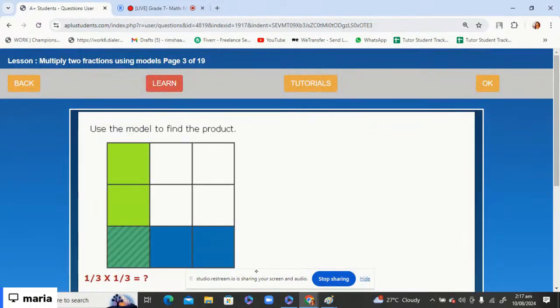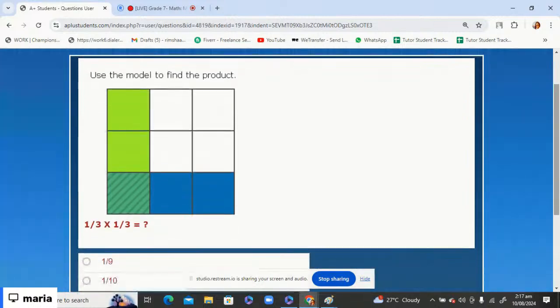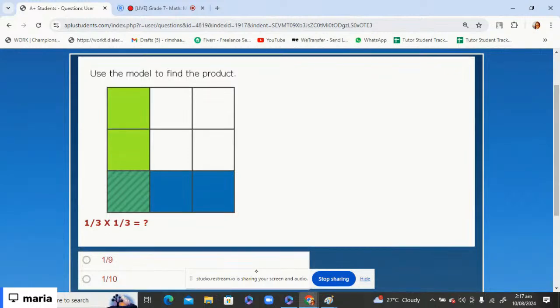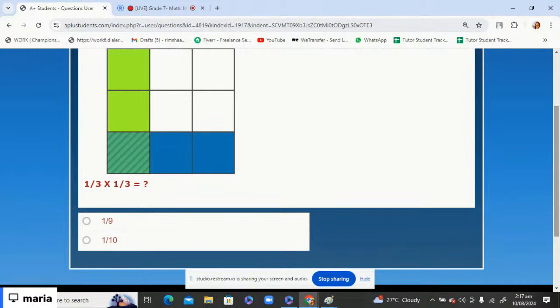Okay. Now you guys tell me the answer of this one. Everyone tell me the answer of this one. Think about it. Then just tell me, is the answer 1 by 9 or 1 by 10? 1 by 3 times 1 by 3.